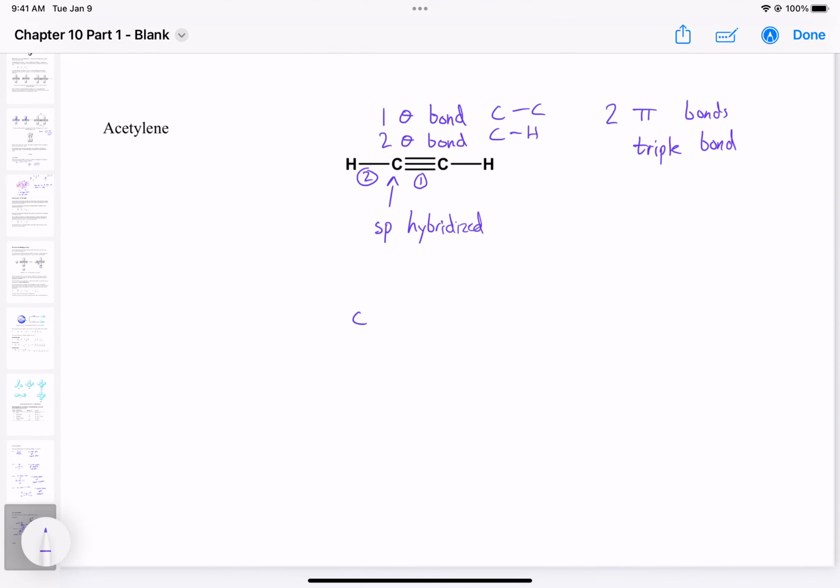So carbon, and let's make this kind of circular here. Carbon and carbon.